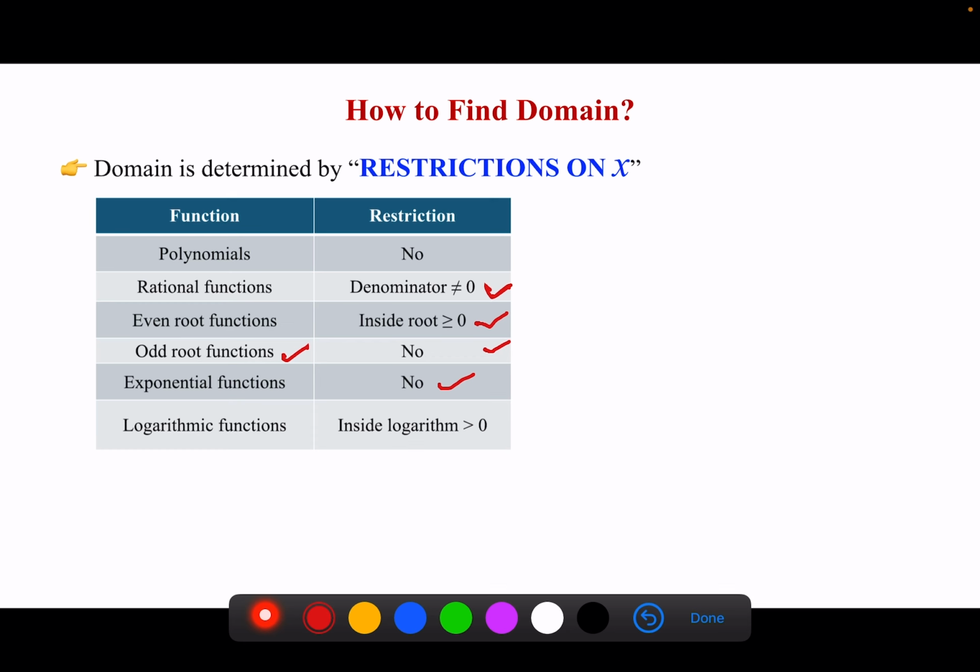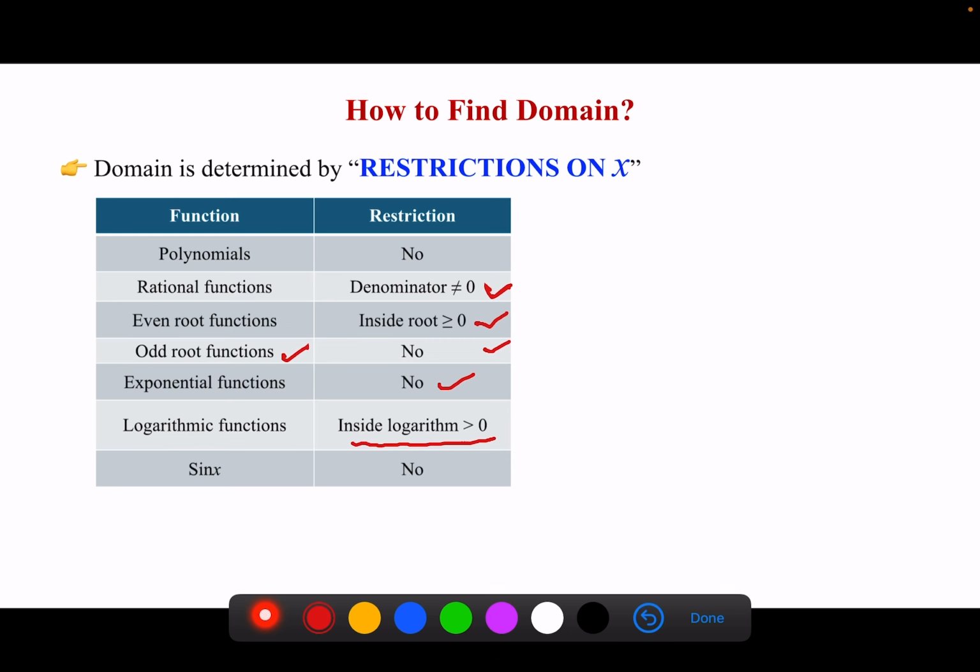Logarithmic functions are well defined when the argument of log is strictly positive. Meaning we can say that inside the logarithm it must be greater than 0. If you talk about the trigonometric functions, first is sin x.